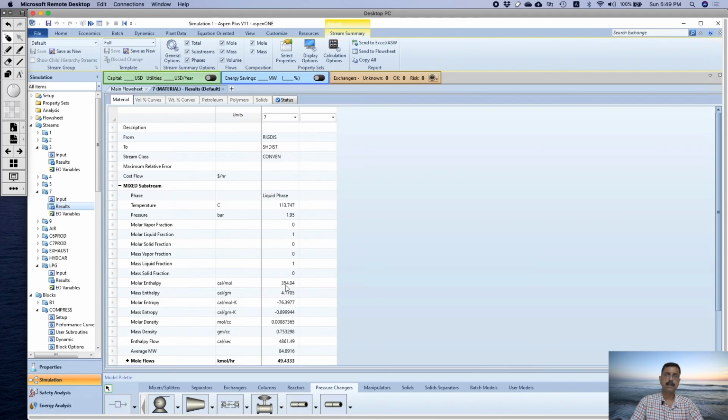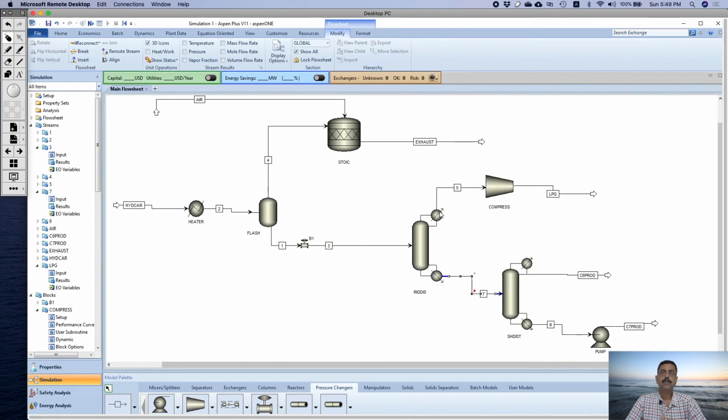This is what is expected. Okay, so if we increase the reflux ratio, then the molar enthalpy of bottom flow rate will decrease.